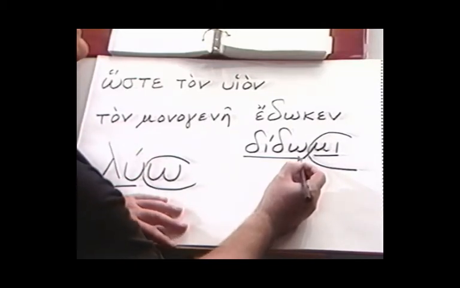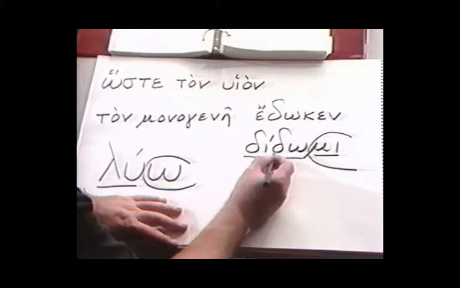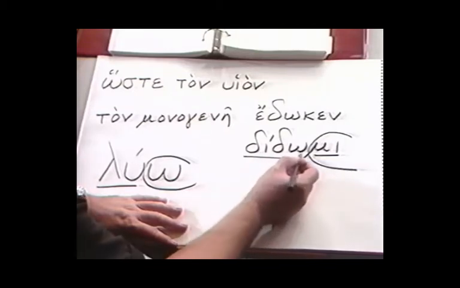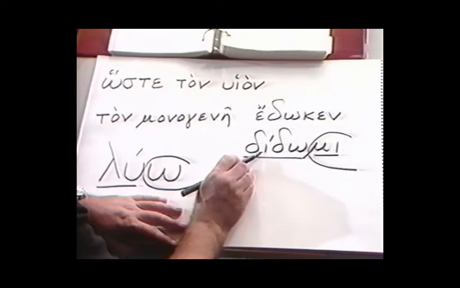Now there is a peculiarity with some mi verbs. Some mi verbs are reduplicated in the present tense stem, utilizing an iota vowel for pronunciation. You're used to seeing the perfect tense reduplicated with an epsilon vowel for pronunciation.